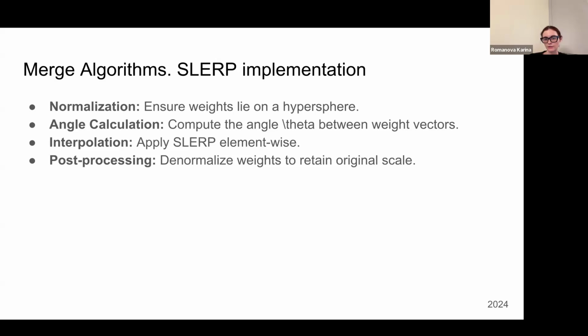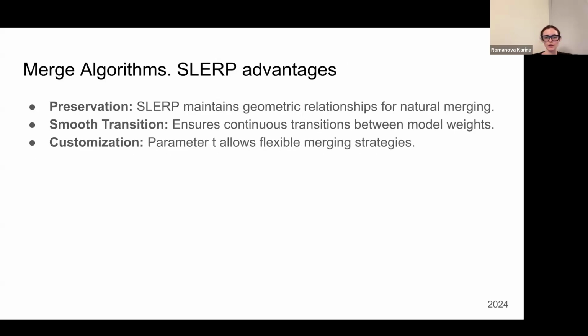Implementing SLERP requires careful attention to numerical stability, especially when the angle is small. This can lead to division by values close to zero. In such cases, it's common to use linear interpolation as an approximation, given that for small angles, the linear path closely approximates the spherical path.